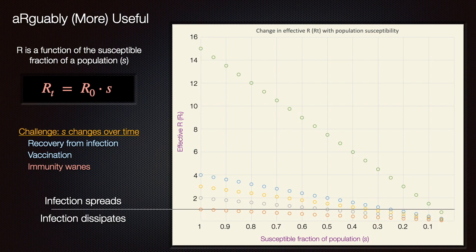As time progresses, as you can see at different values of R, the susceptible fraction of your population drops from 1 on down, and the value of RT likewise drops.